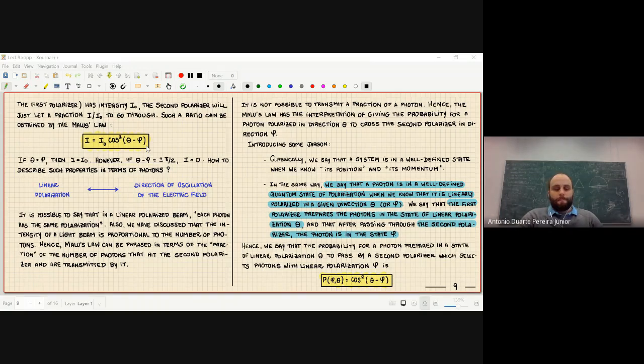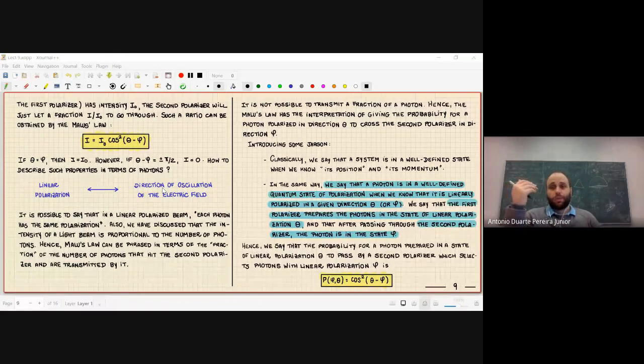In principle, if you just take this description of radiation as being just an electromagnetic wave, then you can perfectly describe the polarization as a way of selecting one particular component of the electric field, and the electric field will be oscillating in this direction.